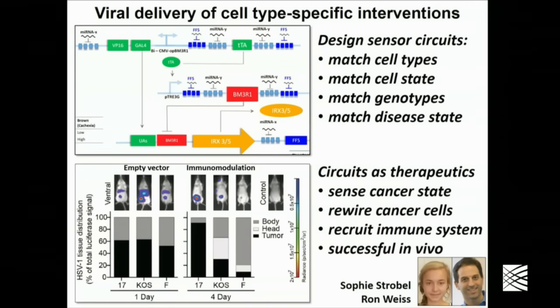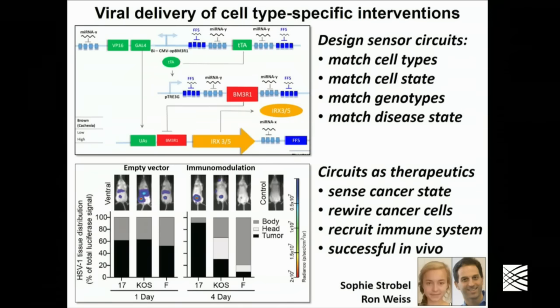And then lastly, in collaboration with Ron Weiss and his lab, we're now constructing circuits that are able to sense which sets of activators and repressors are present in the cell type of interest in order to deliver a therapeutic intervention in that cell type.